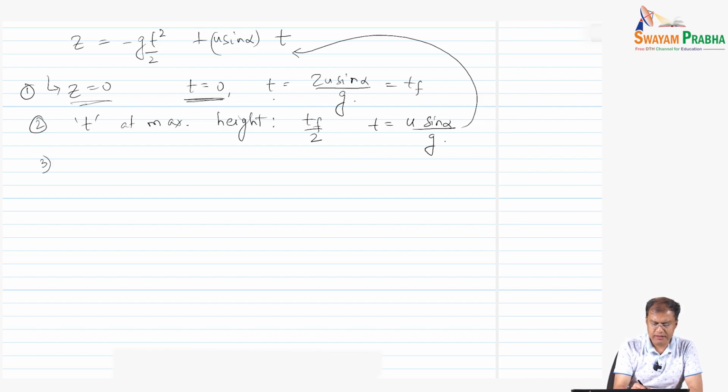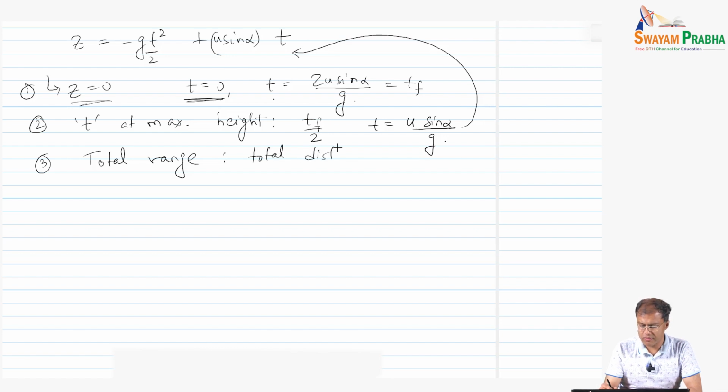And then we can also find the total range, or this is the total distance traveled along the x axis, or the horizontal distance. Okay, so horizontal distance will be the range.